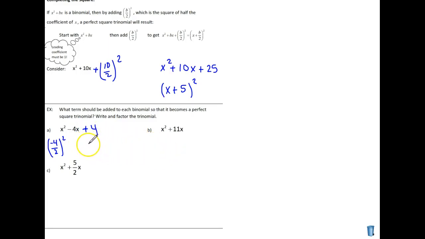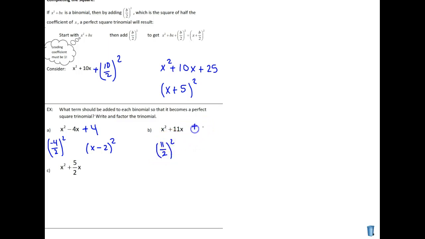And then I would factor this as factored form. This would be x minus 2 squared. Always what goes in here is that b divided by 2. So negative 4 divided by 2 is negative 2. Again, I'm going to take my b divided by 2 and square it.